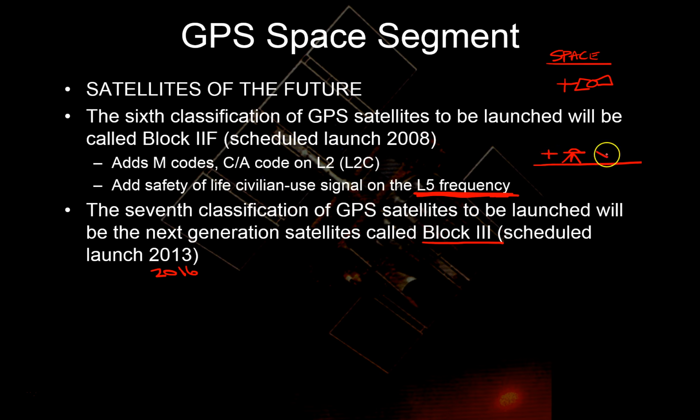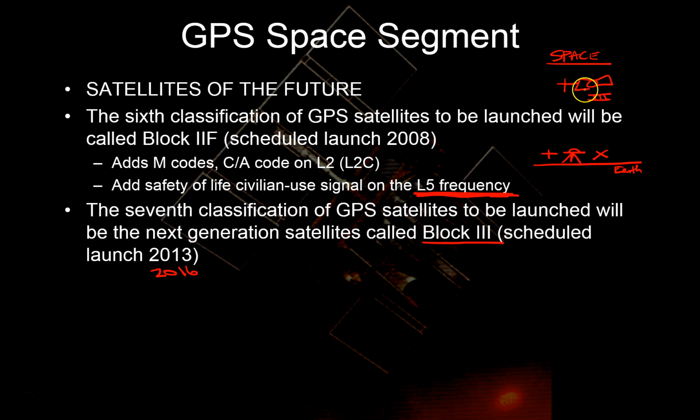Right now, one of the current efforts, or let's call it difficulties, is ensuring that we have an infrastructure on the ground, again this is the Earth, for the control segment to support GPS Block 3.